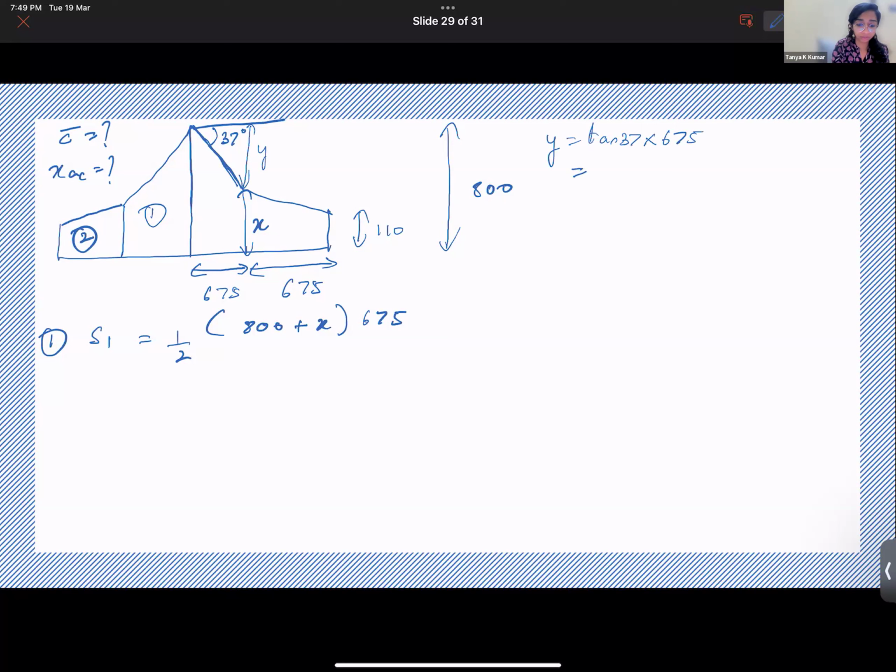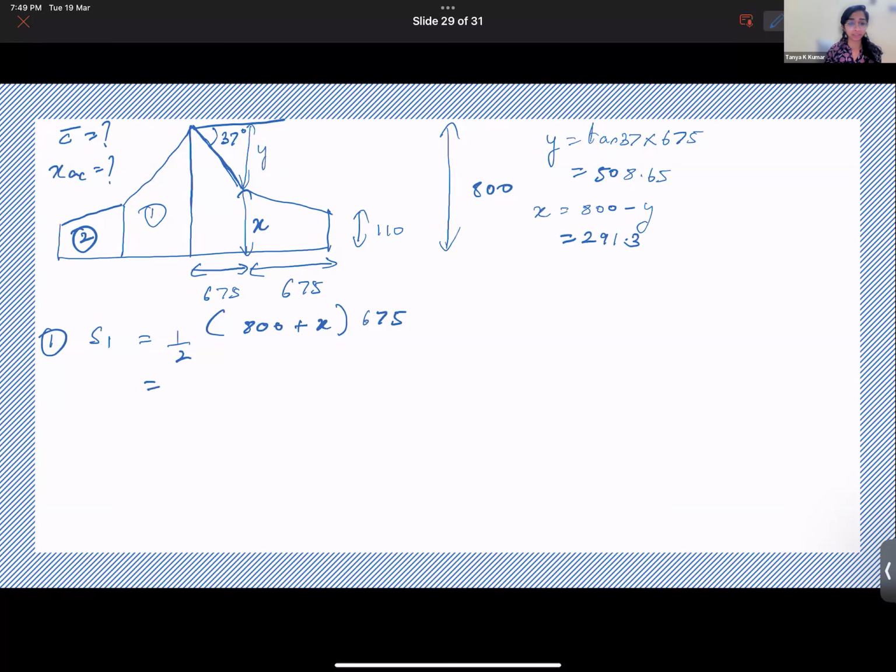So that comes to around 508.65. So now what is x? It's just 800 minus y, right? So it's 800 minus y, and that comes to around 291.3. Correct?